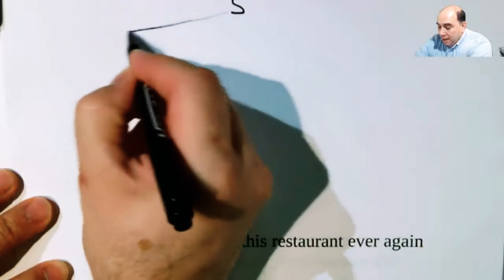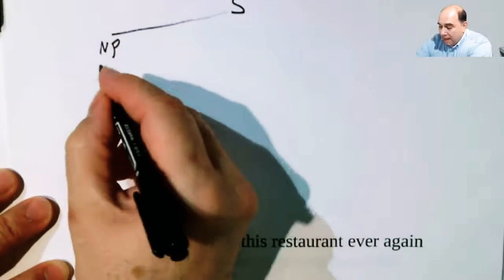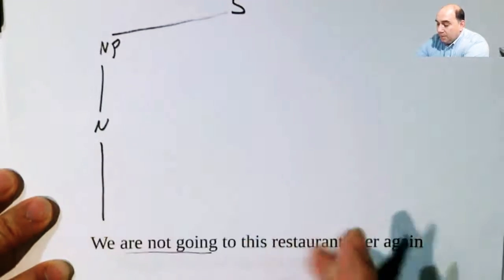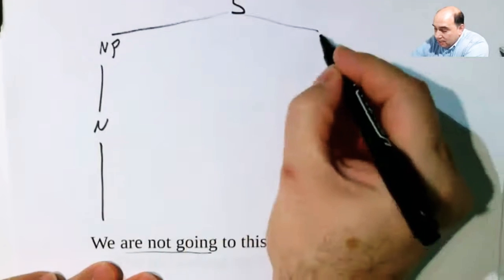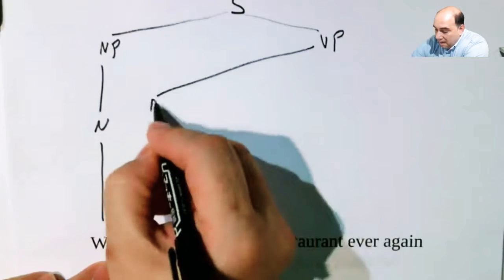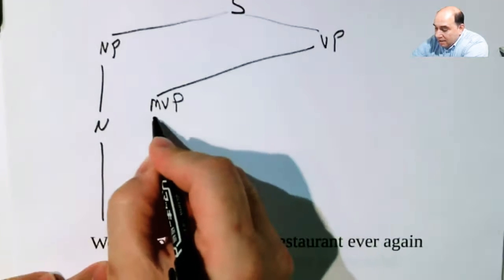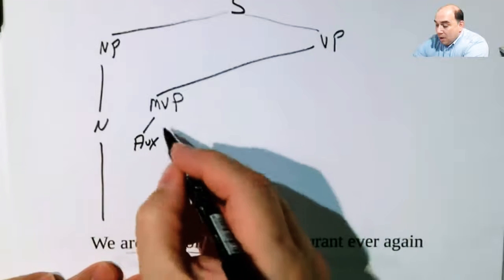I'm going to put in my noun phrase, my subject here, and the N. It's going to be we. I'm going to put out my verb phrase so I can get a balance here. I'm going to bring this all the way over here so that I can get a main verb phrase, which is going to break down into two things: the AUX and the main verb.